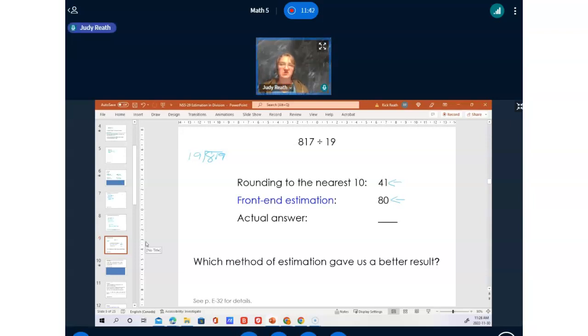The actual answer is 43. So which method gives us a better result? Obviously, rounding to the nearest 10 is more precise, and so it gives us the better result for this one.